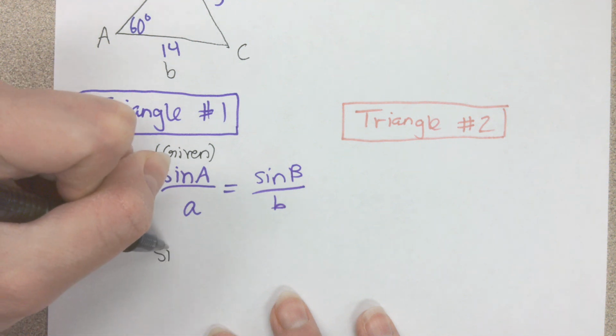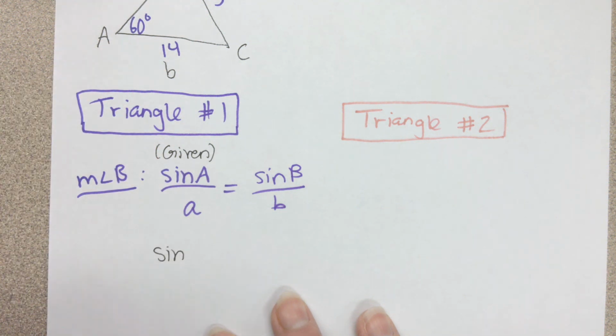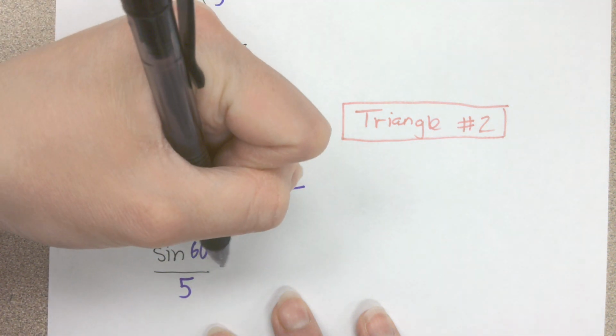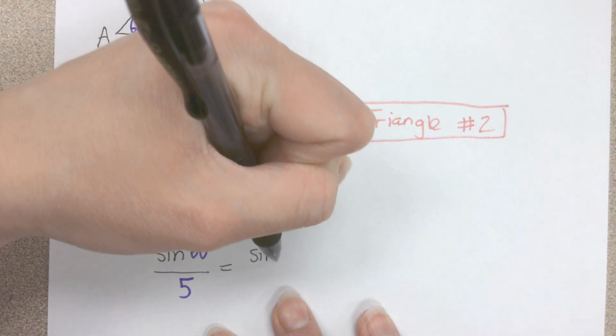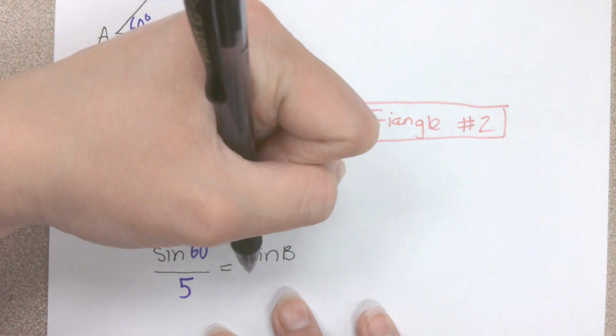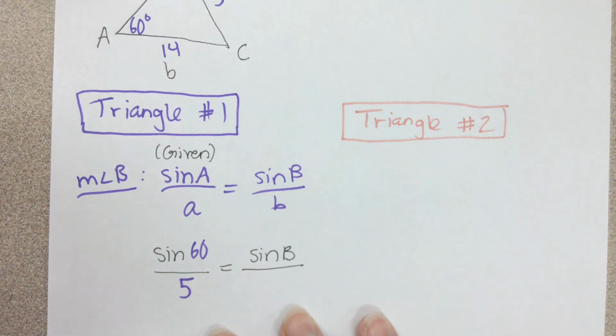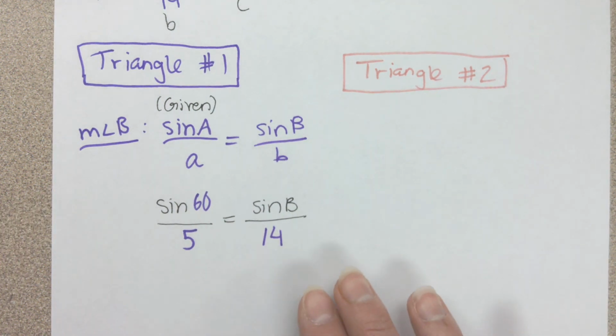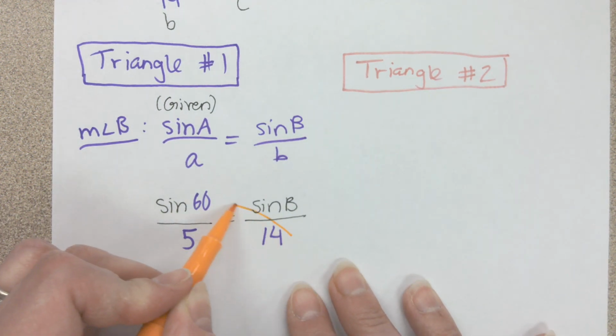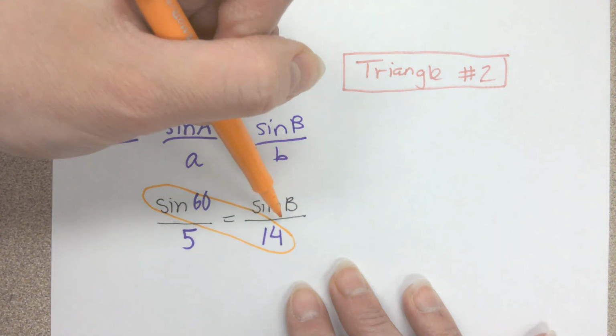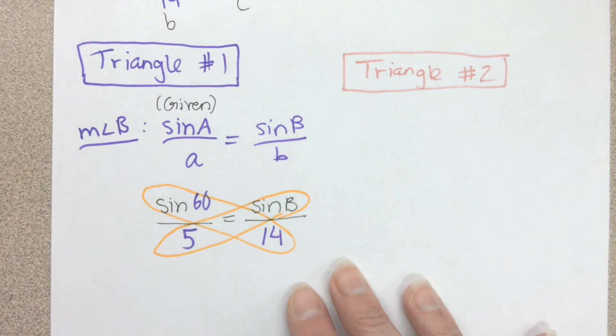Filling in, we have sine of angle A is 60. Side a underneath is 5. Is equal to sine of angle B we're looking for over side b we have, that's 14. And then we cross multiply. Since B is not alone, it has a sine attached to it.